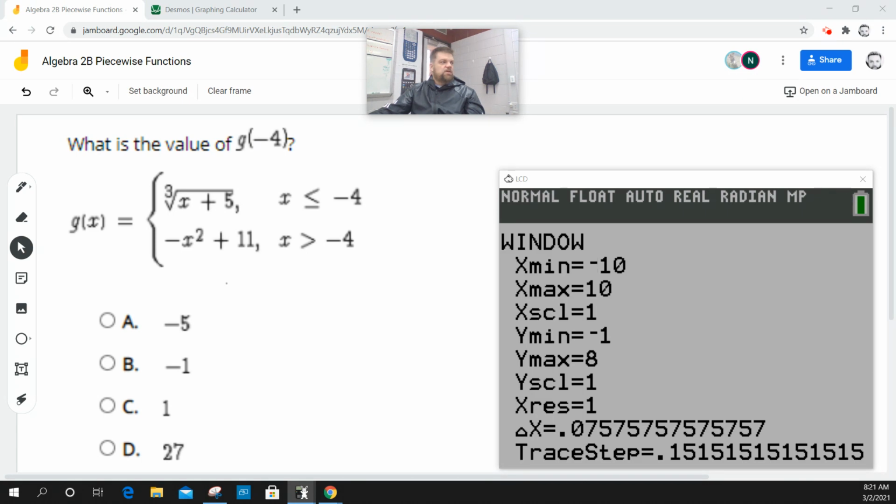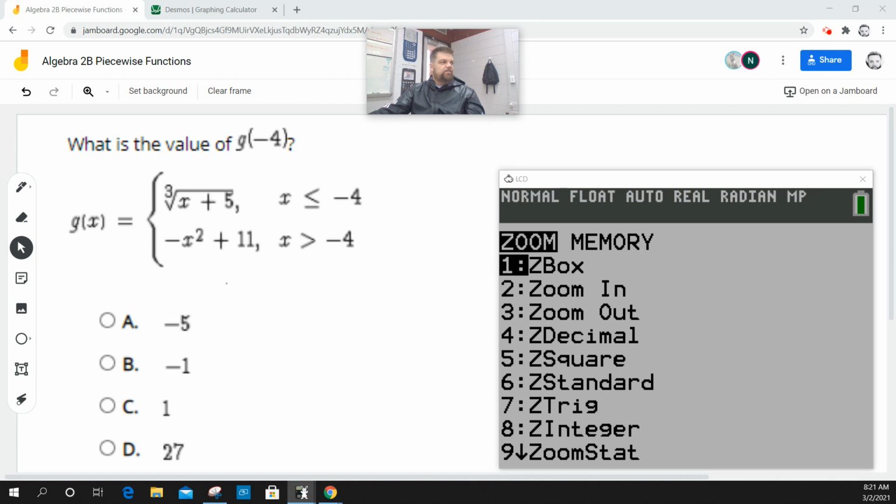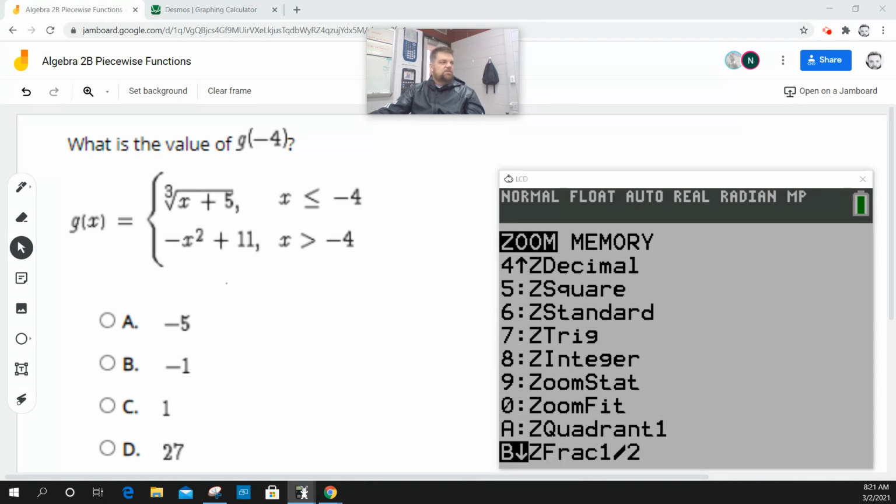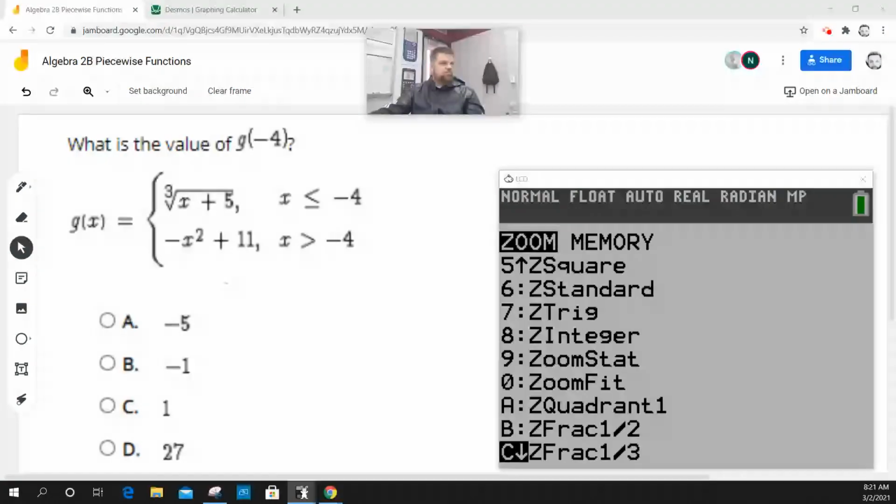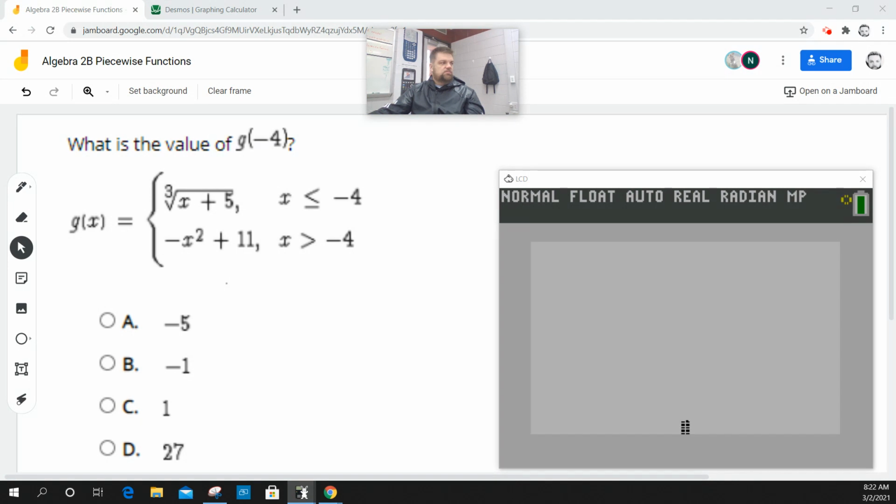So this is what we call a jump discontinuity. I'm going to choose zoom fit. That didn't work out.